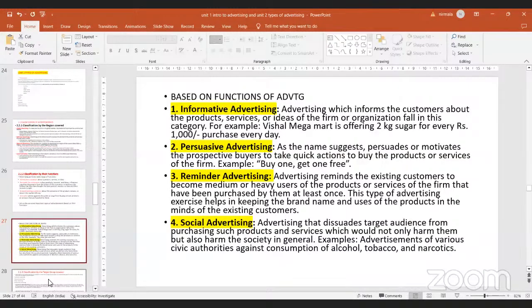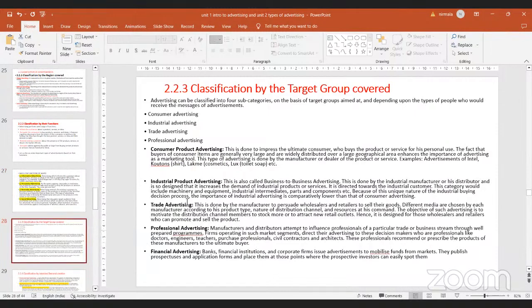As most of the family members depend on the other family member if he is the head of the family. So here it is a classification again, when it is done based on the target group, whom you are targeting, who is your target customer, the person to whom the information or the advertisement is meant for.